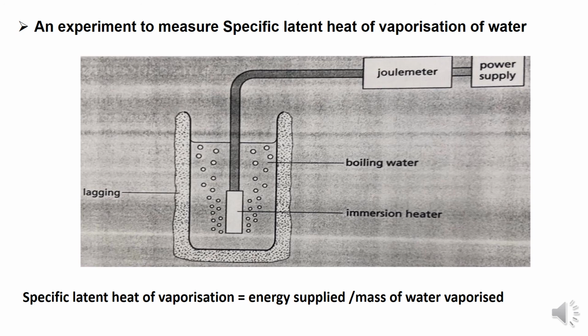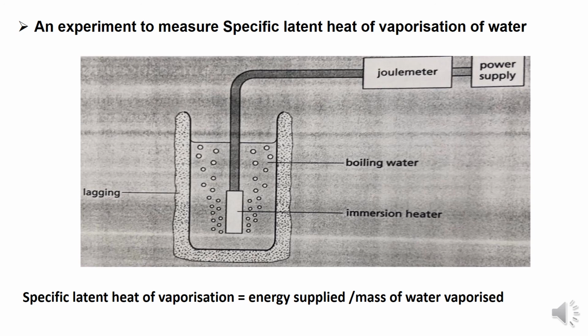Use these results to calculate the specific latent heat of vaporization, equal to energy supplied divided by mass of water vaporized. The mass of water vaporized is the initial mass of water and container minus the final mass of water and container.